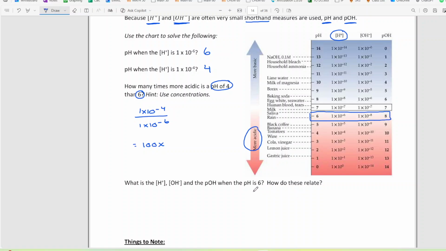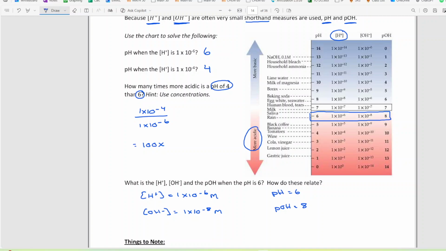When you have a pH of 6, the hydrogen ion concentration is 1 times 10 to the negative 6 moles per liter, or molar. The hydroxide ion concentration is 1 times 10 to the negative 8. The pH is 6, and then the pOH, which we haven't talked a lot about yet, is 8.